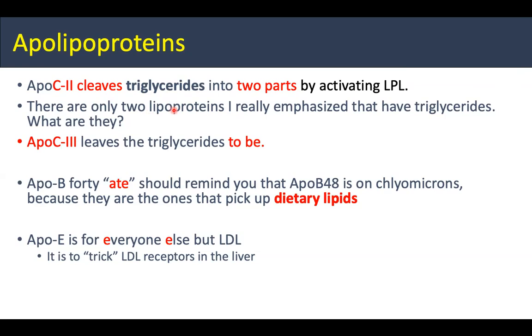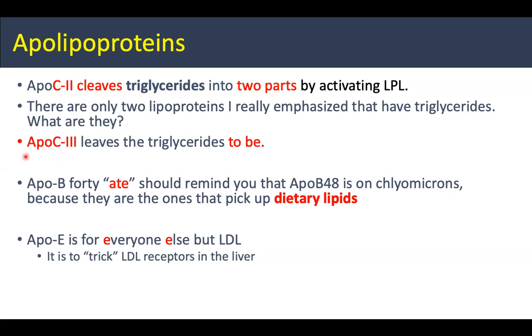Chylomicrons and VLDL, those are the 2 that mostly contain triglycerides. So now, doesn't it make sense that the 2 lipoproteins that will have ApoC2 are chylomicrons and VLDL, because the other ones aren't as involved. They don't have as many triglycerides, so they don't need ApoC2, because ApoC2 specifically breaks down triglycerides into 2 parts.